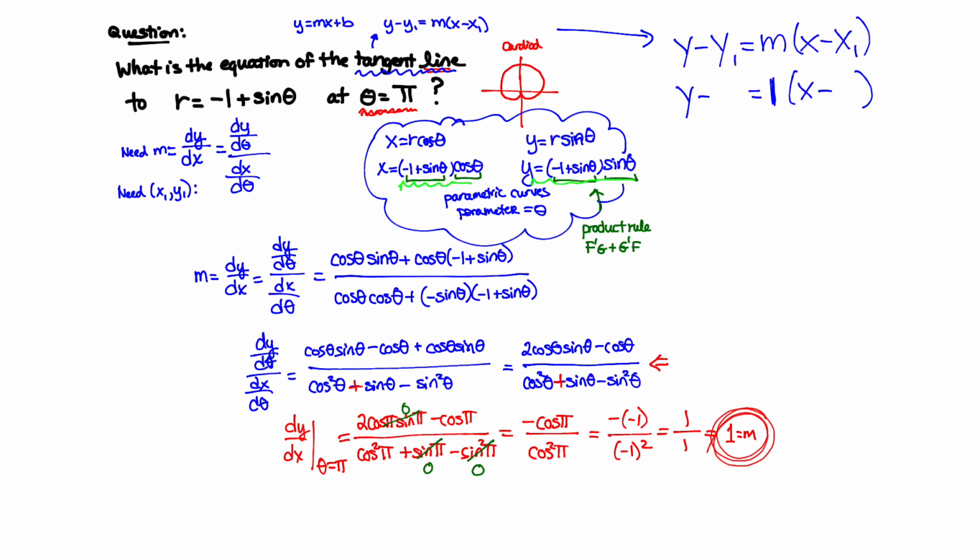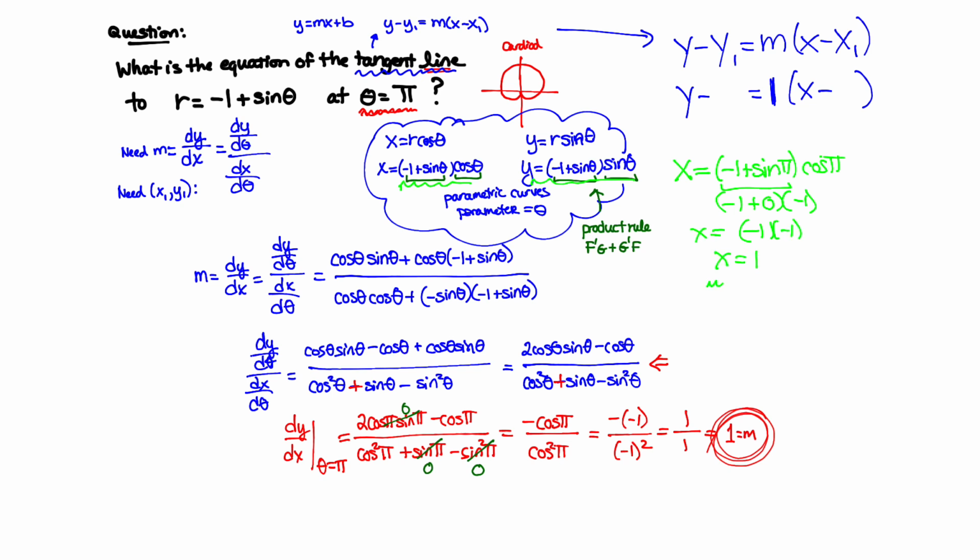So that means if I want to get my x value, x is -1 plus sine. And what's my theta? My theta's pi. So that means x is -1 plus 0 times -1, which is just -1 times -1. And James, you are correct. I get x is 1.